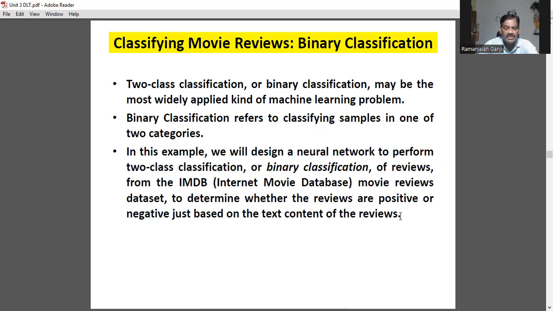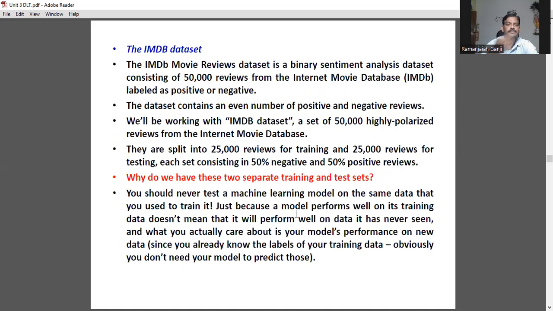How are these ratings produced? They are based upon the reviews. Huge amounts of reviews are generated by people. We are going to concentrate on reviewing those elements by using neural networks and providing some kind of classification.